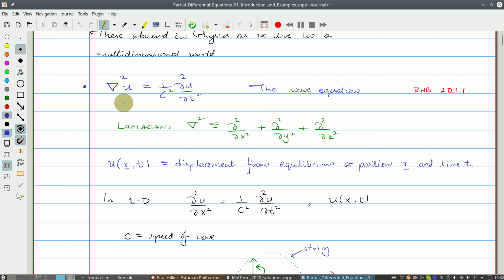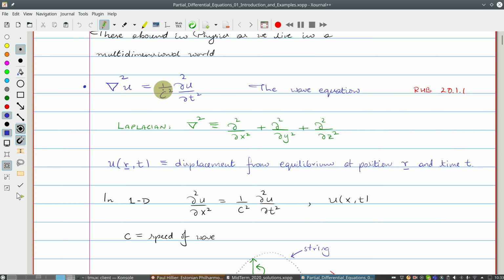What does the wave equation describe? The solution u of r and time describes displacements from equilibrium at position r and at time t. So this could be the oscillations on a string, that would be one dimension in space and one dimension in time, or the oscillations in a drum membrane, that would be two dimensions in space and one dimension in time, or oscillations in a three-dimensional medium, in which case you have three dimensions in space and one dimension in time.